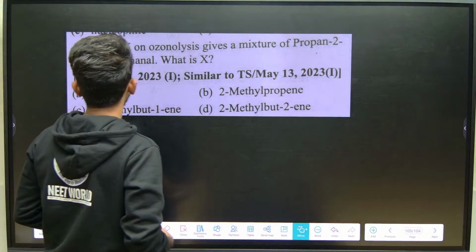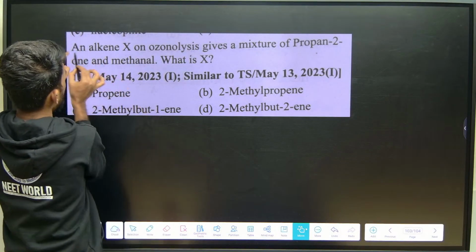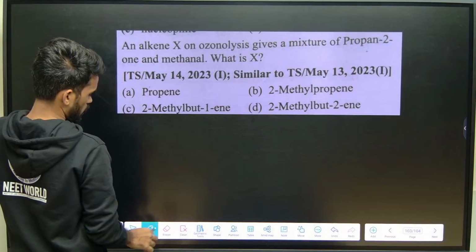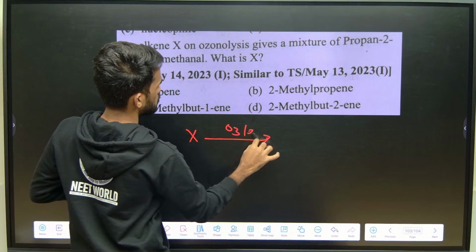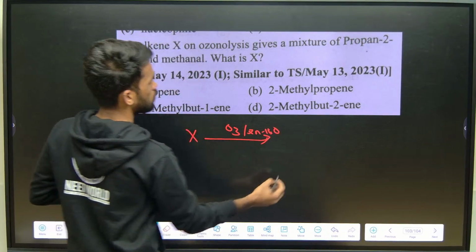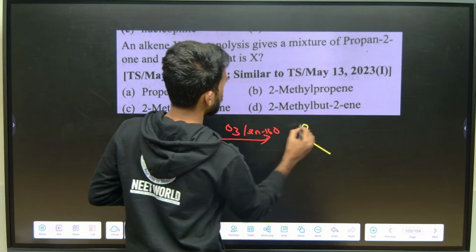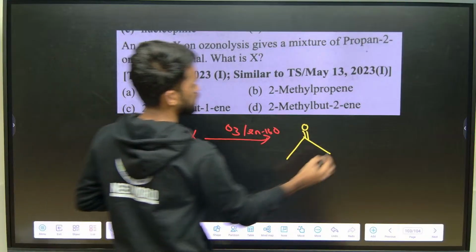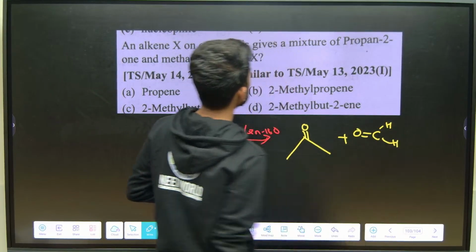So what they are saying: an alkene X upon ozonolysis gives a mixture of propan-2-one and methanal, formaldehyde is produced. So what is that X?